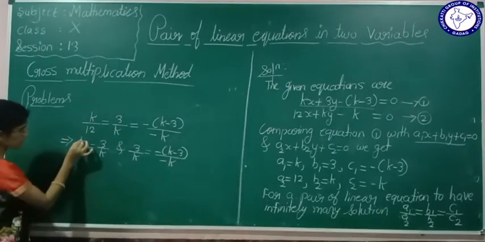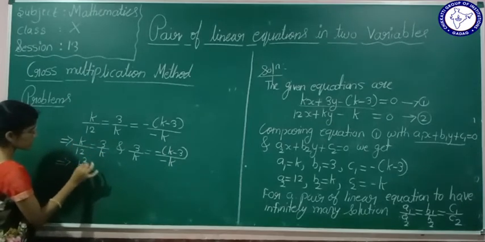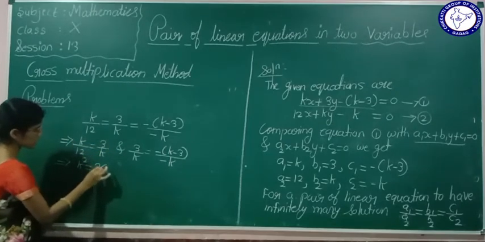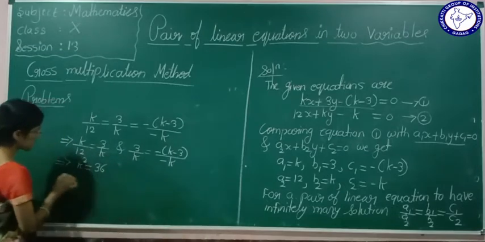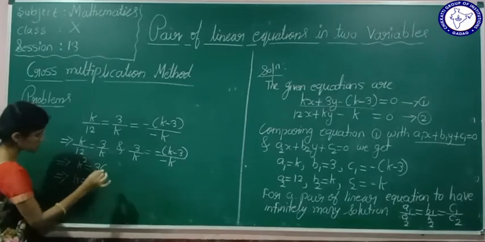So this implies k cross multiply. k into k is k square, 12 threes are 36. So this implies k is equal to plus or minus 6.